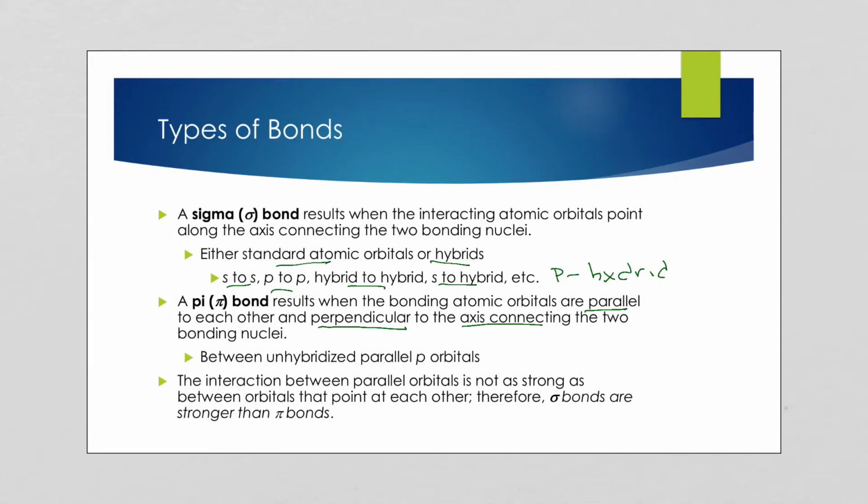And this typically occurs between two unhybridized or standard p orbitals. Now, this pi bond is weaker. It's not as strong as the end-to-end overlap, and so sigma bonds are stronger than pi bonds.